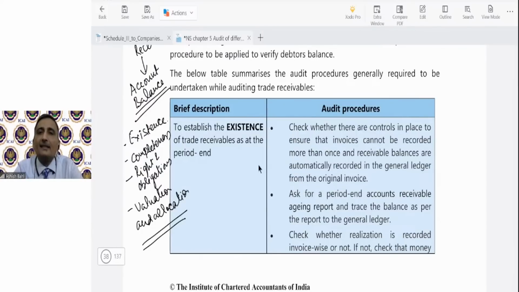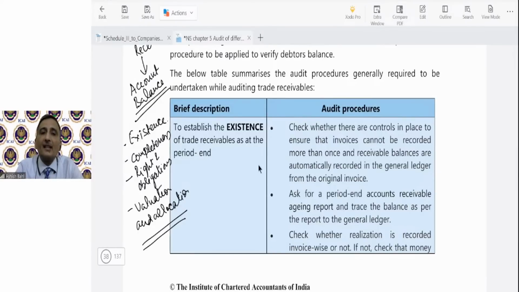These are bona fide balances. These are genuine balances. Clear, students? So the first assertion the auditor would check is existence: that these trade receivables which are outstanding as on 31st March, at the end of year, in fact exist, that these are not fake, that these are genuine.